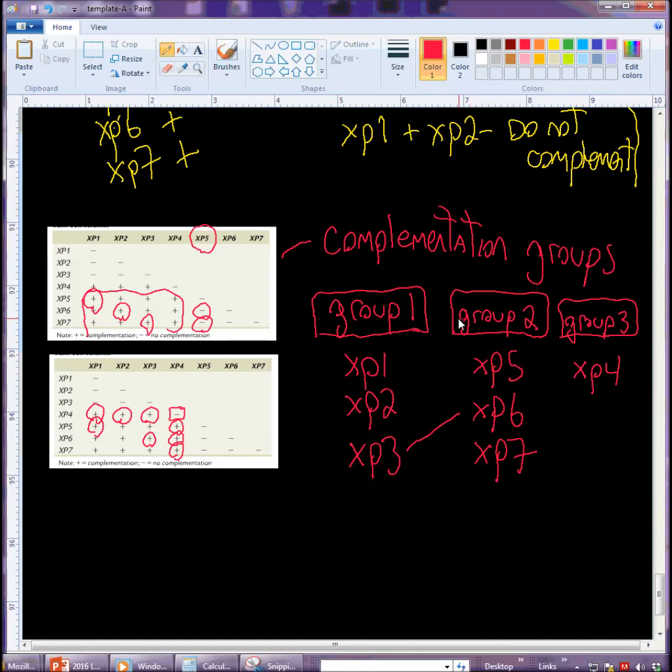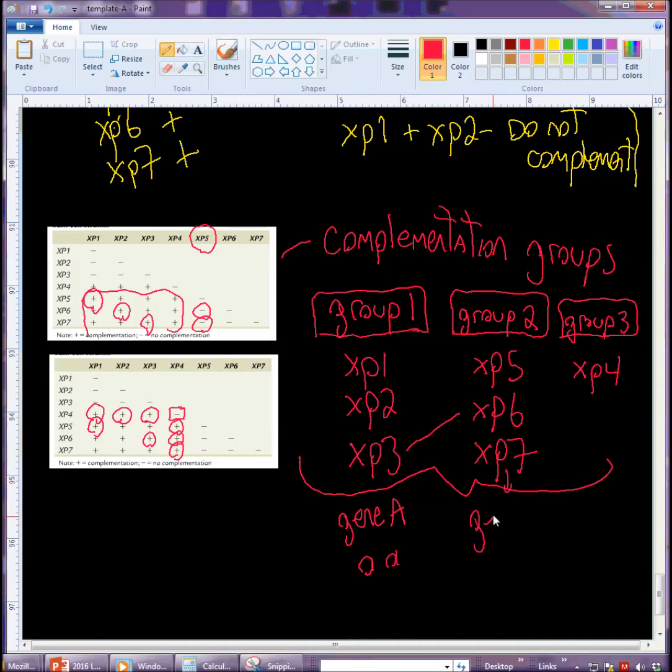So we have three different complementation groups, and the most likely explanation for the existence of three complementation groups in this data is that group 1 represents a gene that's required for unscheduled DNA synthesis, and we're going to call this gene A, and all of these individuals right here are carrying recessive alleles for gene A. They're mutant, they don't work.